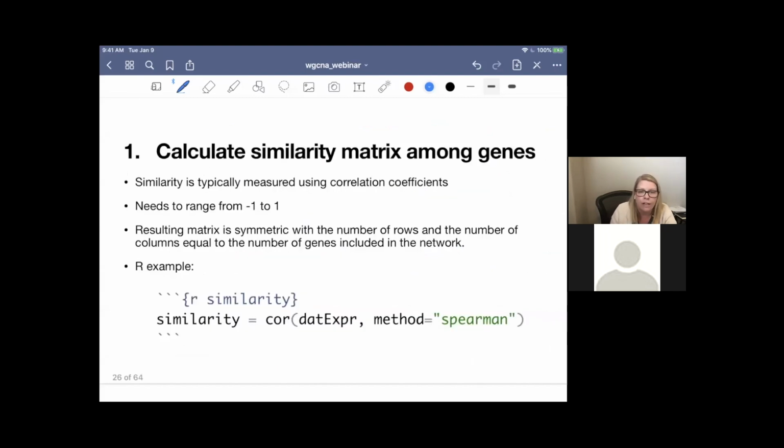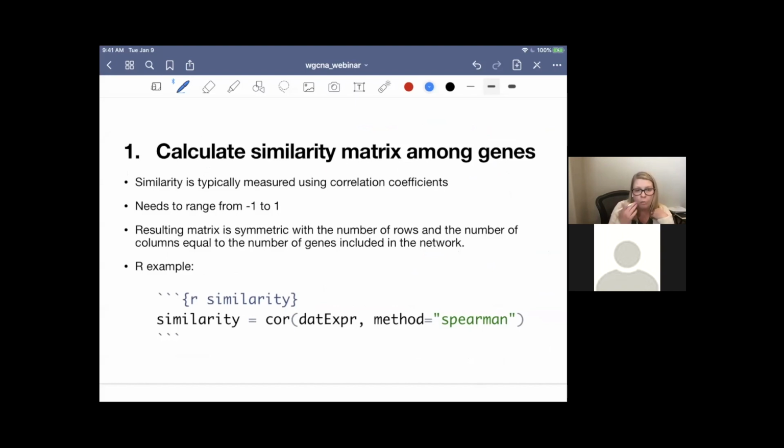So first of all, when we calculate the similarity matrix, it's typically any way that we want to look at similarities between our genes. A lot of times we will simply use a correlation coefficient, whether it's Spearman, Pearson, or a biweight, but it needs to be something that ranges from -1 to 1.